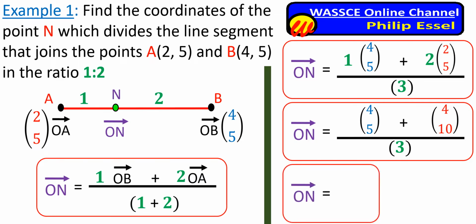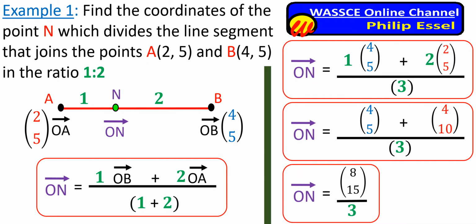When we solve this, our vector ON will be equal to the vector (8, 15) divided by the scalar 3. And remember that we got the vector (8, 15) by adding the two vectors at the numerator of the fraction.